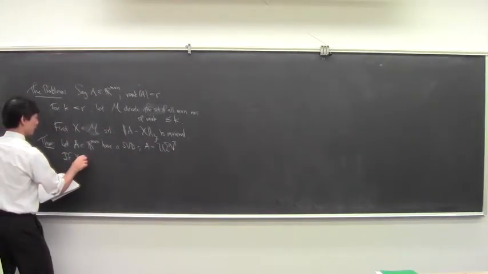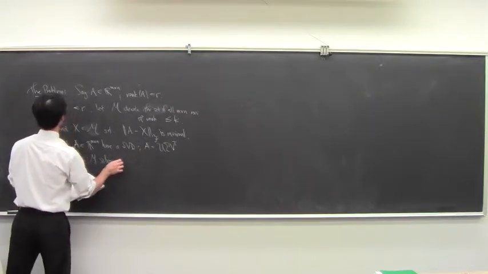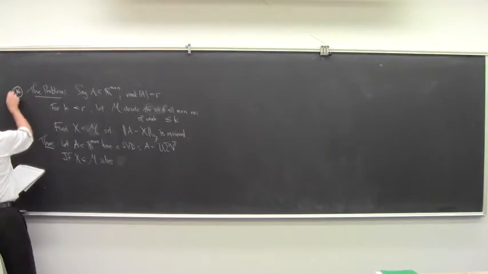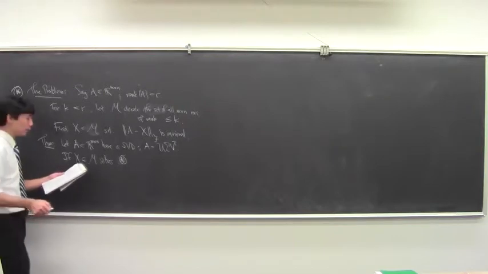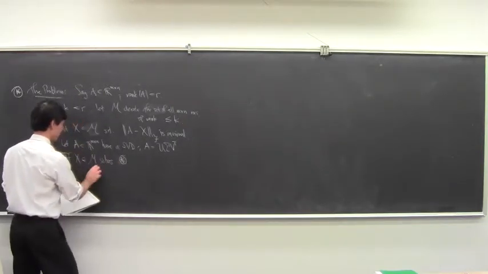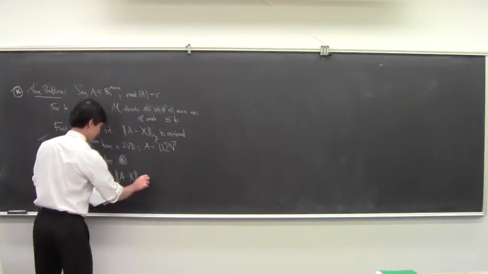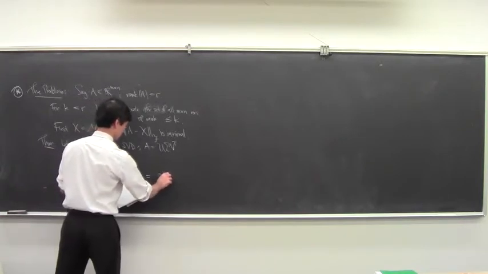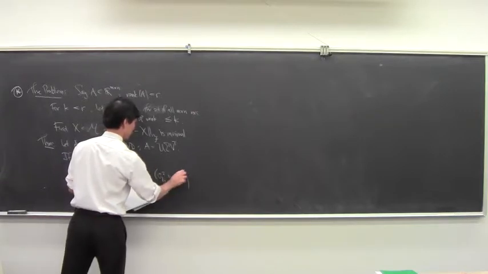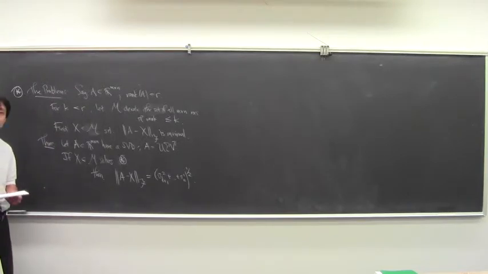If X in M solves the above problem, let's call this problem star, if X is a solution to the problem, then the distance of X from A is going to be the sum of the squares of the singular values above k, to the 1/2.